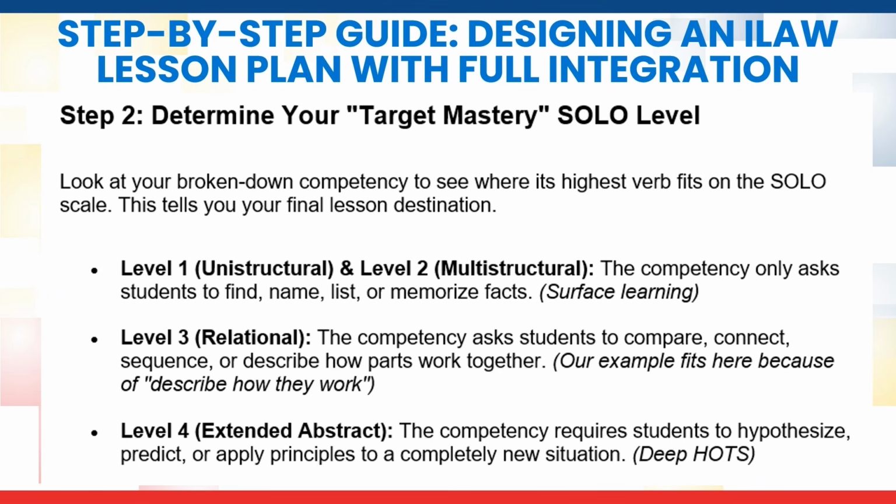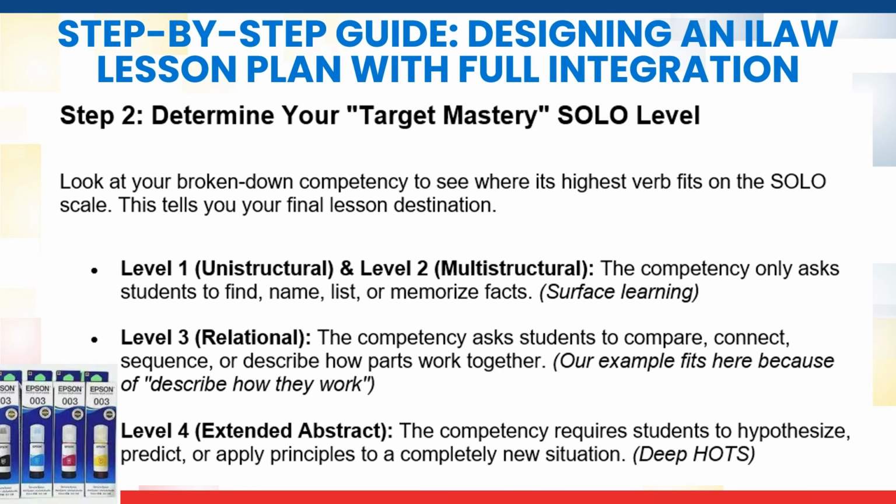So the competency only asks the students to name, list, or memorize facts. Because the unistructural and multistructural levels are at the same level with remember and understand, that's only surface learning. Level 3, relational, the competency asks the students to compare, to connect, to sequence or describe how parts work together.